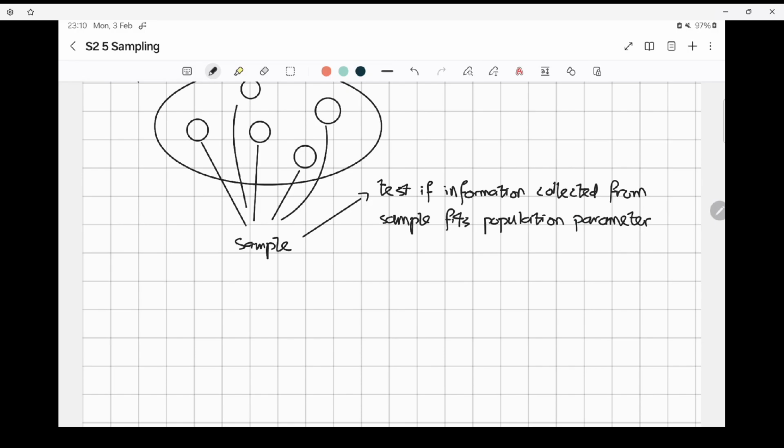So this is one thing that you want to test. Technically speaking, this is hypothesis testing. We sometimes call this hypothesis testing.